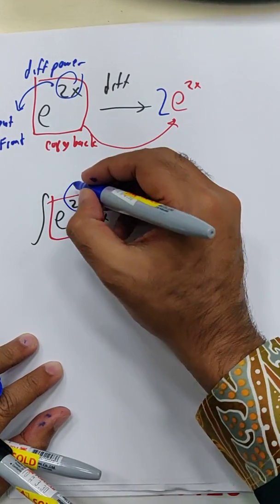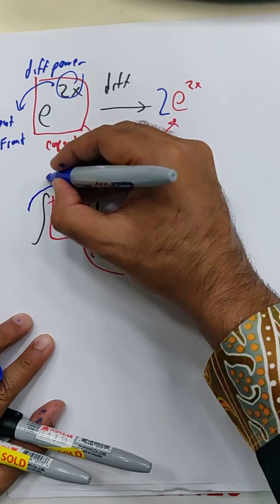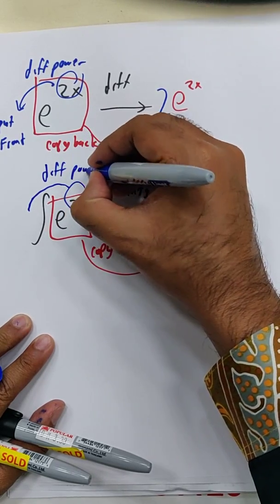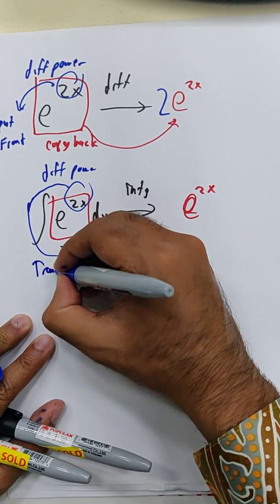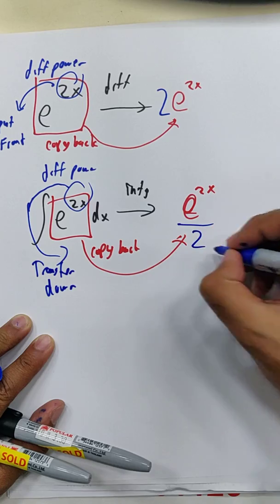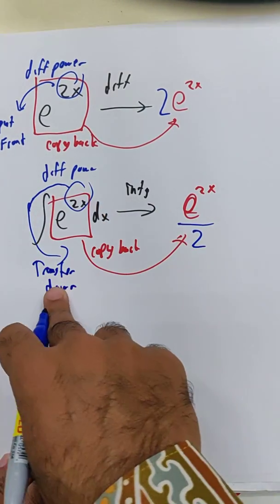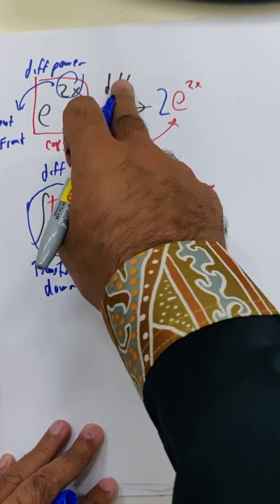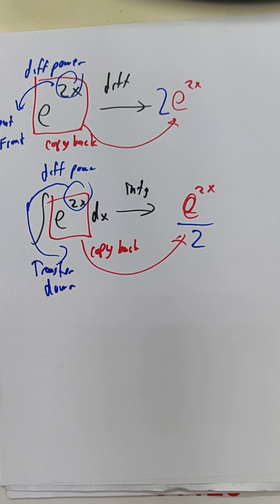You still differentiate it first. But the question is, where do you put them? You put it down, or transfer down. Always remember this: integration, we always transfer down. Differentiation, we always put in front. Okay, that's the main major difference between differentiation and integration.